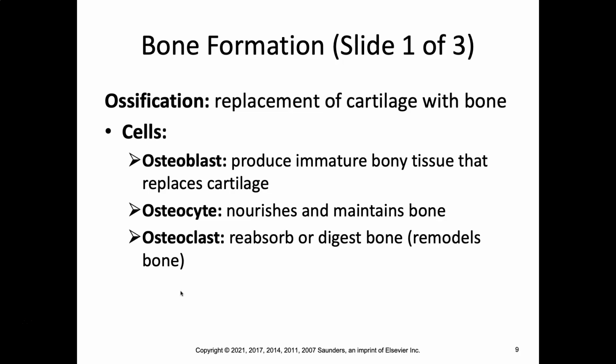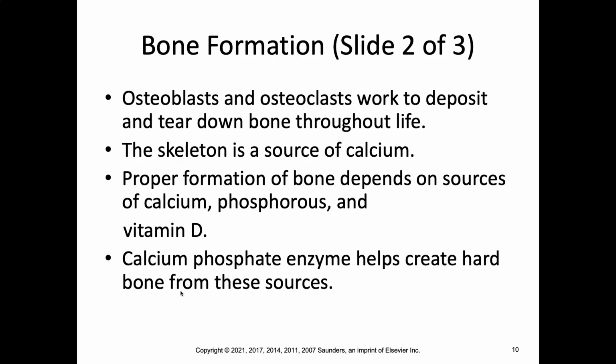Osteocytes nourish and maintain bone, and osteoclasts reabsorb or digest bone. They remodel it or they remove it. So osteoblasts and osteoclasts work together. One deposits bone cells, the other one tears down bone throughout life.